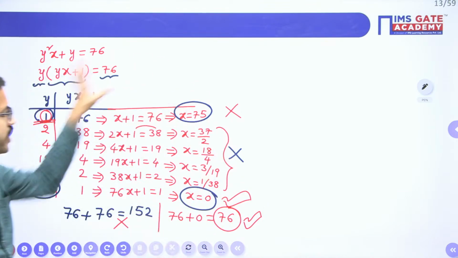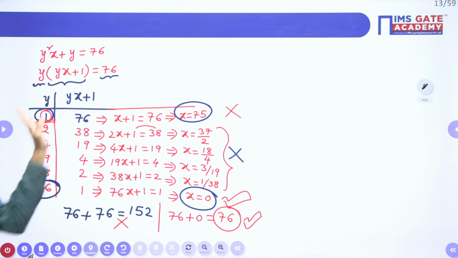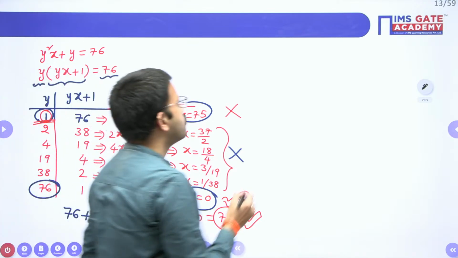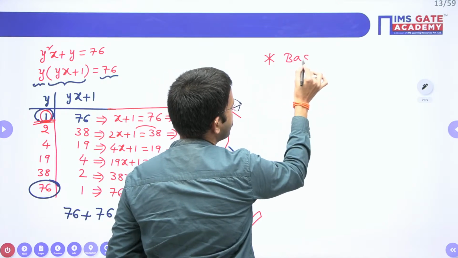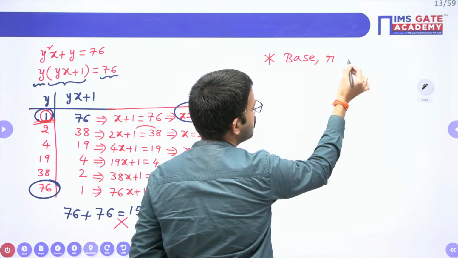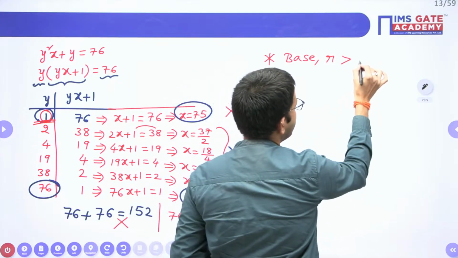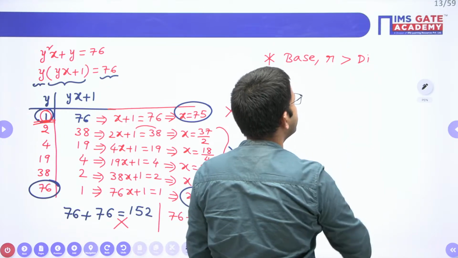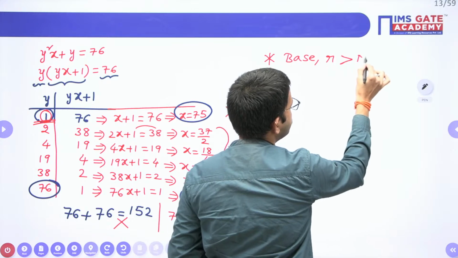The very important formula while solving questions related to base: whatever the base you have, for the generalized case I am writing base or radix R, it is always greater than the digit values, among that the maximum value of a digit.